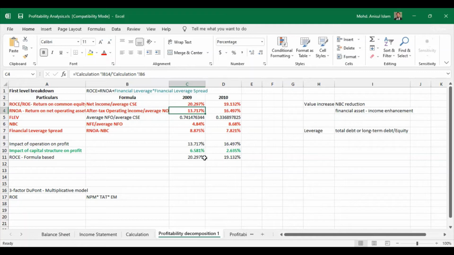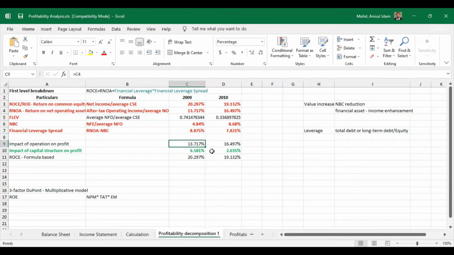So that number is actually, you see that if we make a subtraction, this is the return on equity or return on capital employed, whatever it is. You see the 20.297% as this number. And we already have seen the net impact of return on net operating asset is 13.717%.